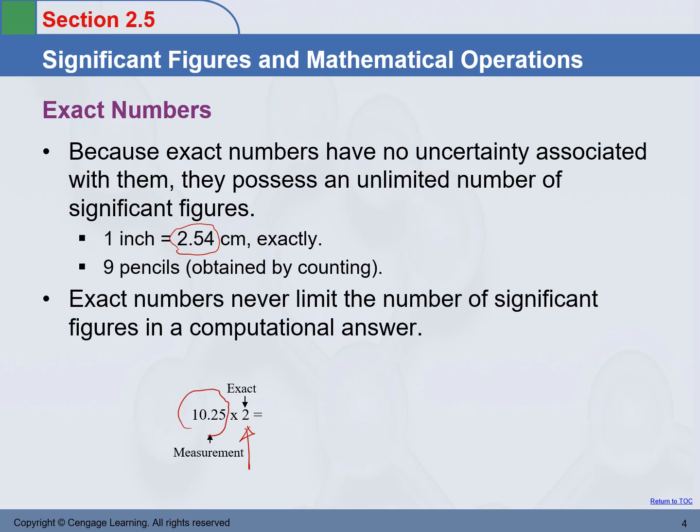This one does. 10.25 has 4 sig figs. Your answer will have 4 sig figs. You punch in this number multiplied by 2, you see 20.5 on your calculator. Well, you cannot leave the number as it is because this number has 3 sig figs. You must make your answer into 4 sig figs. So the report becomes 20.50.